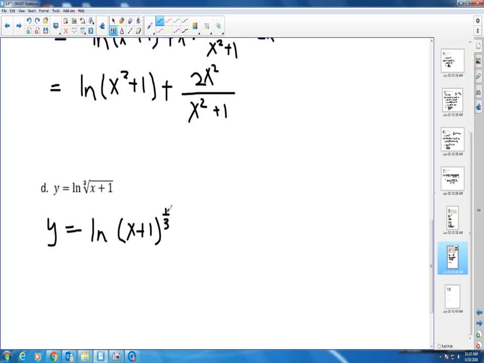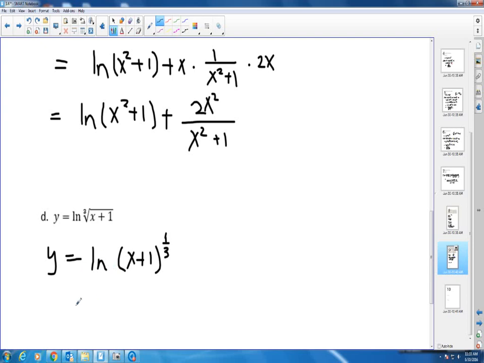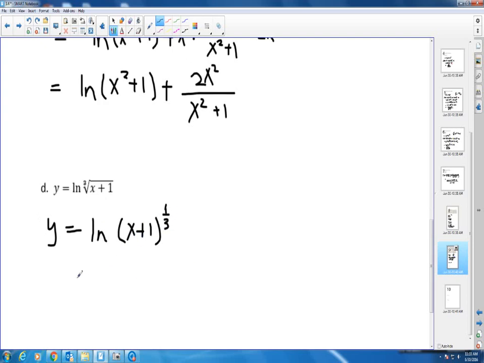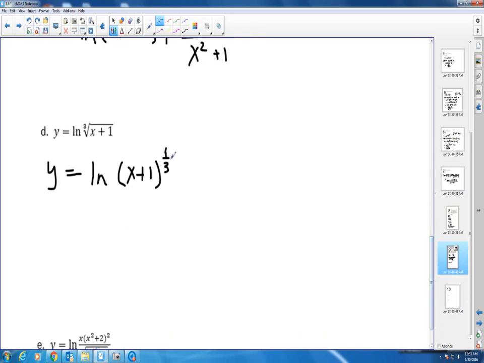It's going to be very, very messy if I take the derivative of the outside, which is the natural log, which is 1 over this thing, and then use a chain rule again on this. That'll be a little bit messy. A little trick that we learned a long time ago: the logarithm of power.